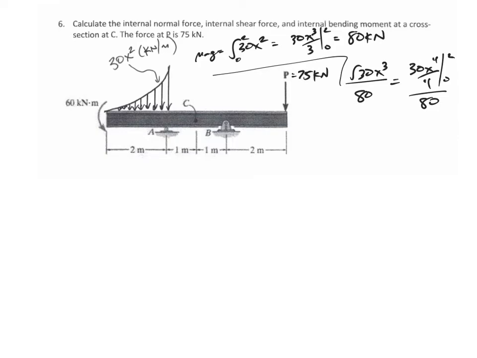Here we would get the location would be 1.5, right? And I'm measuring from 0. 1.5 from here. So let me draw this as 1.5, right about here, 1.5 meters away. And I'm replacing this distributed load with an 80 kilonewton force. Make sure you handle distributed loads.